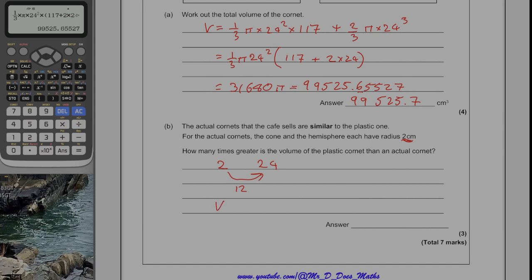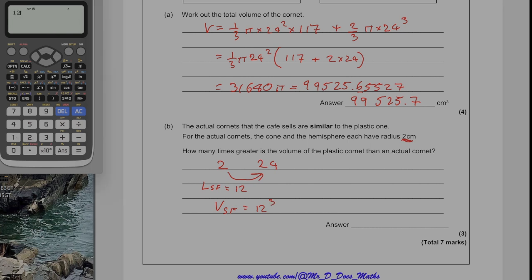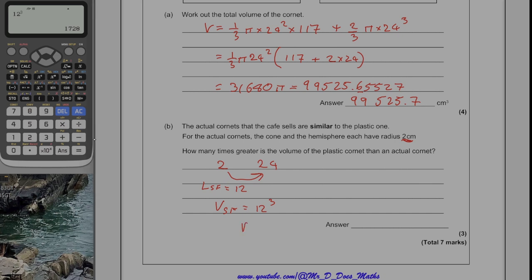So the length scale factor equals 12, so the volume scale factor is going to be 12 cubed. So 12 cubed is 1728. So it's going to be 1728. Let's just check I've got that right. How many times greater? Yeah.